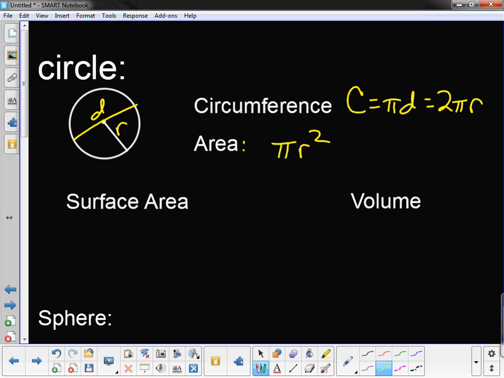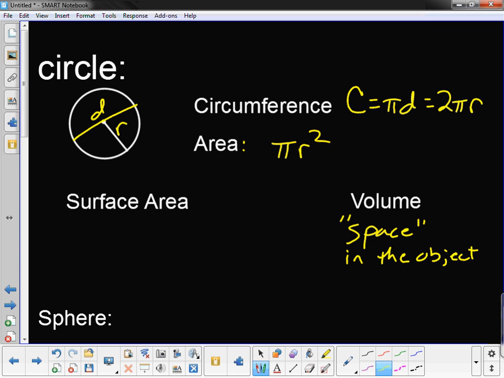But what happens when we go through dimensions? We start looking at surface area and volume. Volume is the space, notice space, the three-dimensional space inside this object. And I might refer to it as a solid, just to let you know.